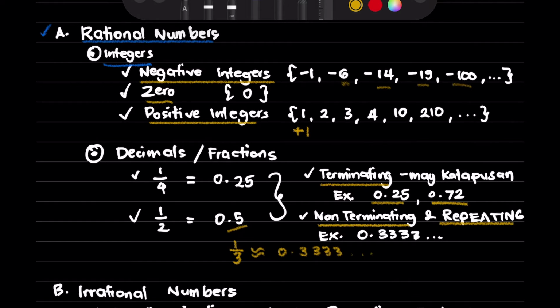Kapag sinolve mo yan manually o kaya sa calculator, you will get 0.3333 and so on and so forth. Non-terminating siya, walang katapusan, pero repeating siya, umuulit. Kapag ganyan siya, understood, this number is a rational number.